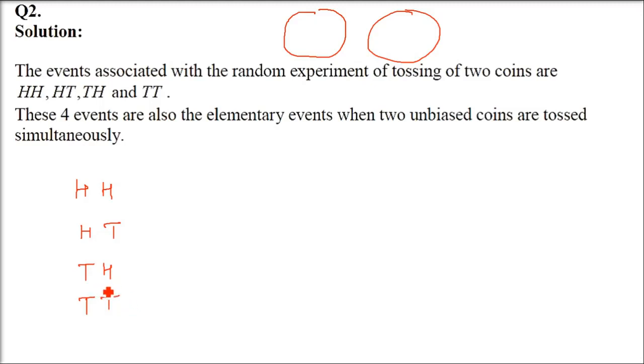How many of them are elementary events is the later part. But we have to list all the events. So what are the events? We have to find out the subsets basically.